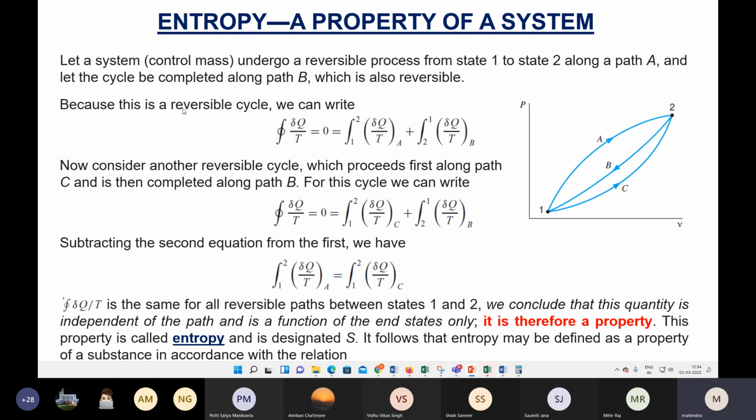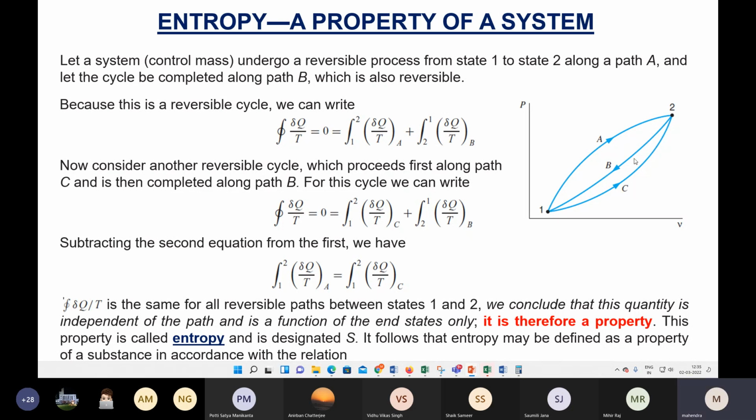Why? Because it is a reversible cycle. If it were an irreversible cycle, it would obviously be less than 0. So we have the integral from 1 to 2 of dq by t along A, and the integral from 2 to 1 along B.